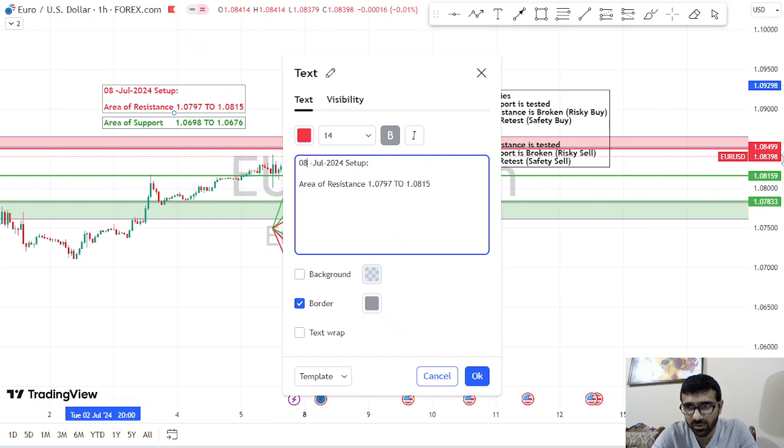The new area of resistance is 1.084, and the major area of resistance is 1.0865.